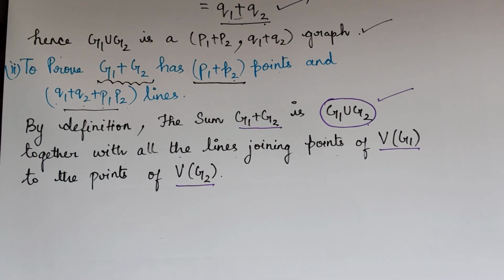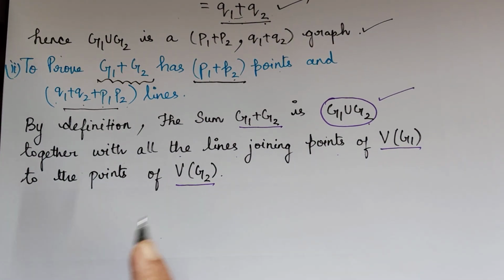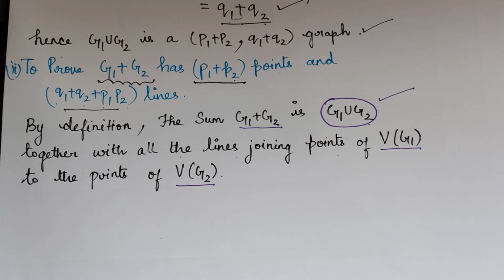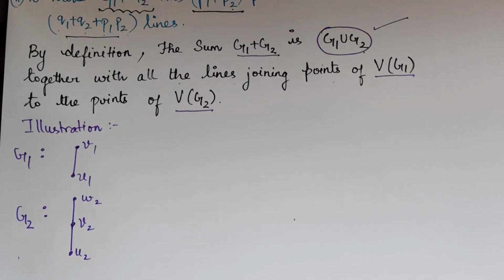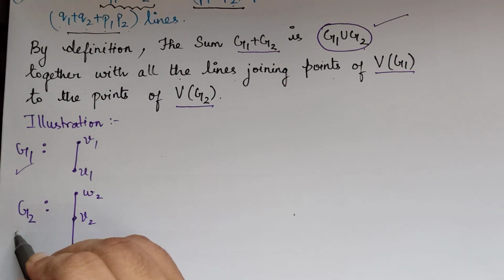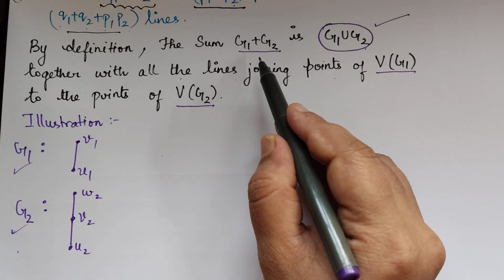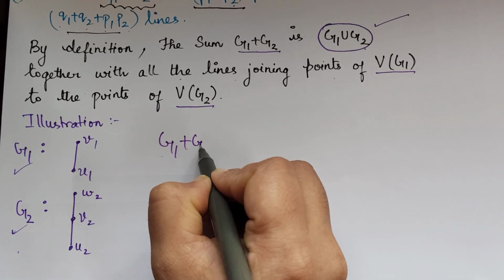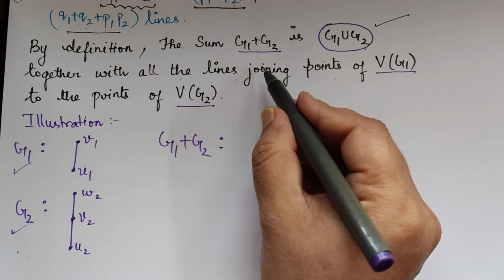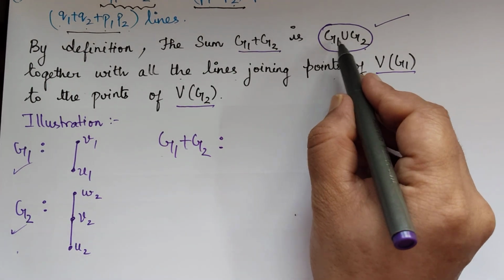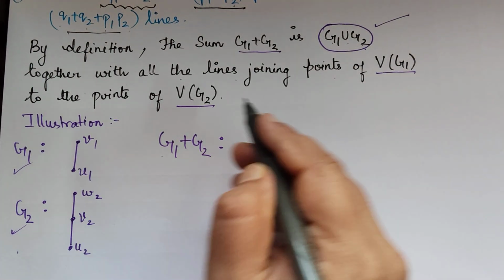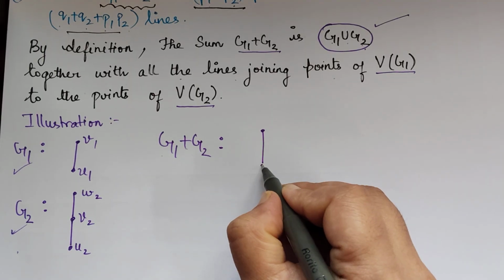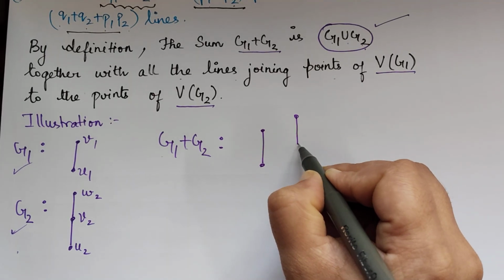We will take the same graphs G1 and G2 that we took for subdivision 1. So now I have taken the graph G1 and the graph G2. Now we shall find G1 plus G2. As I told you in this definition, first you have to find G1 union G2. What is that? It is simply the two graphs we have to write like this.